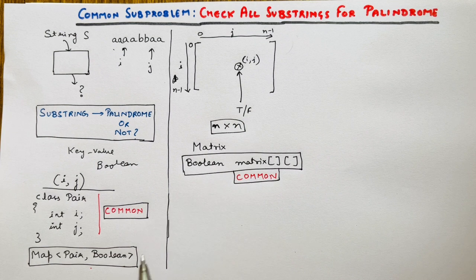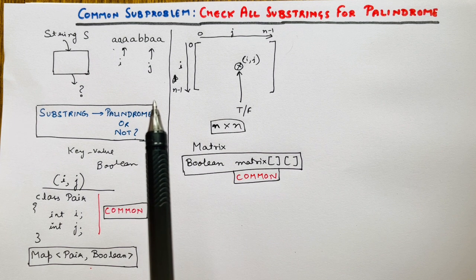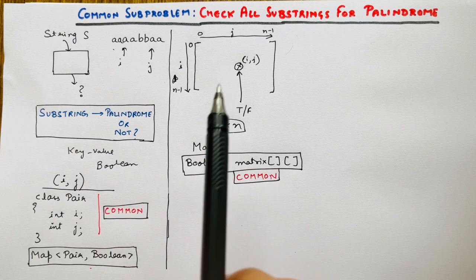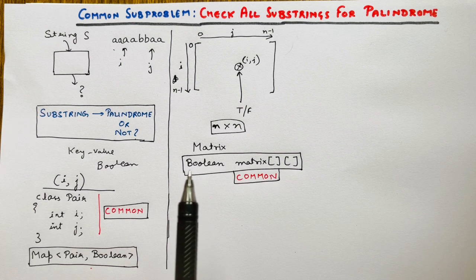true or false. Therefore, if we return this matrix, anybody who wants to see which of these substrings are palindromes, which of these are not, can go through this matrix and see which of these substrings are palindromes. Matrix is also a very common data structure to represent information where we have to say that for a pair of I comma j, this is the value.